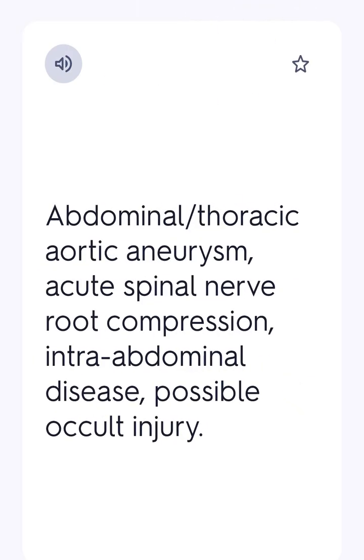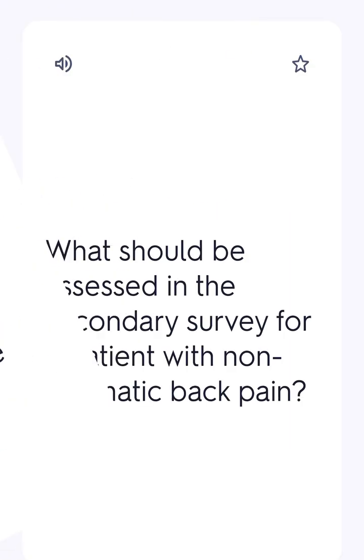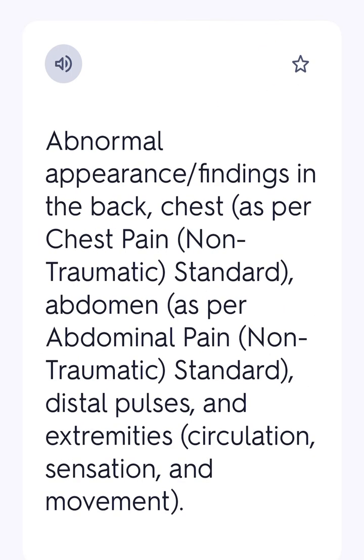Abdominal/thoracic aortic aneurysm, acute spinal nerve root compression, intra-abdominal disease, possible occult injury. What should be assessed in the secondary survey for a patient with non-traumatic back pain? Abnormal appearance/findings in the back, chest standard, abdomen standard, distal pulses, and extremities.